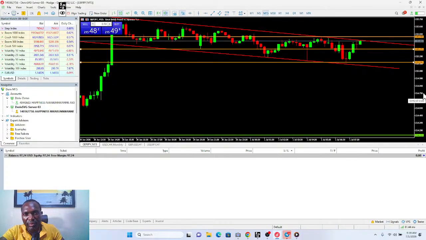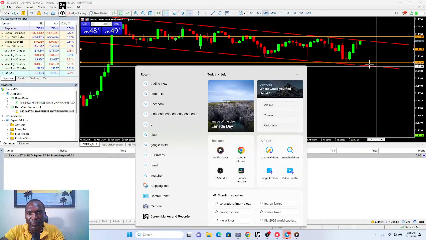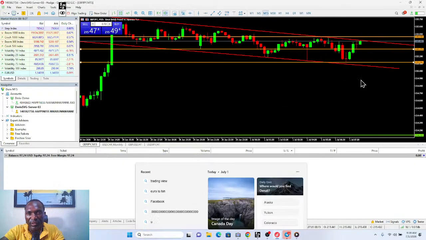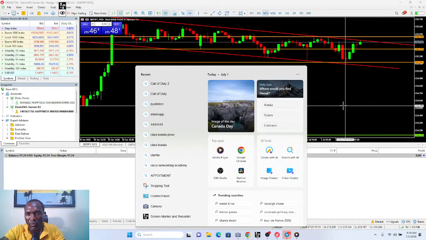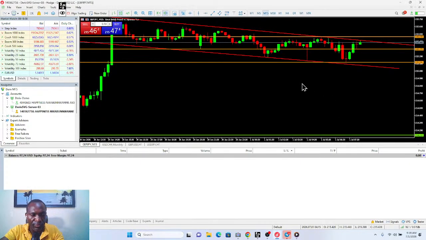So this is the channel. 1.25 to take a trade. So what are we going to do? We are going to buy. We will not sell. Let's go with the trend, sorry, not counter. So we are looking at this level.